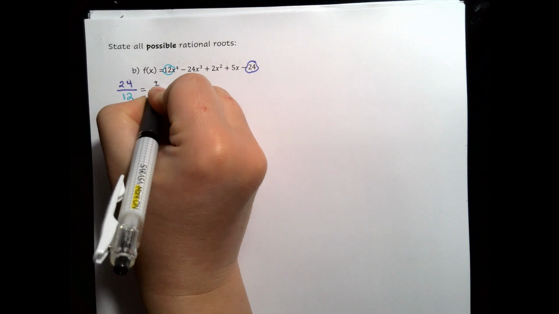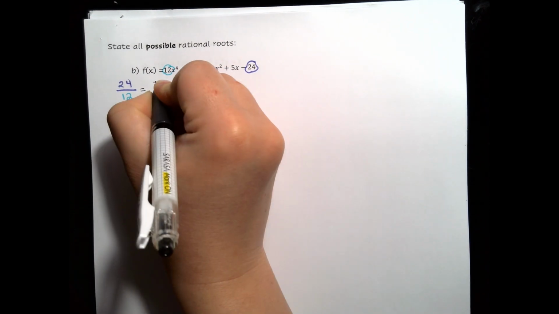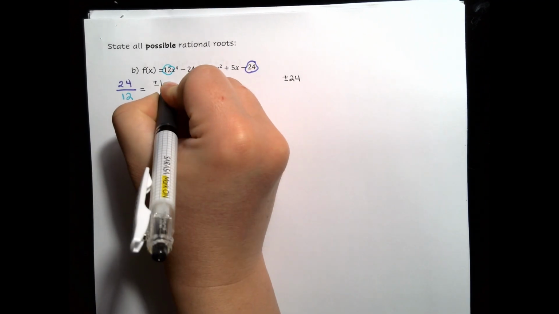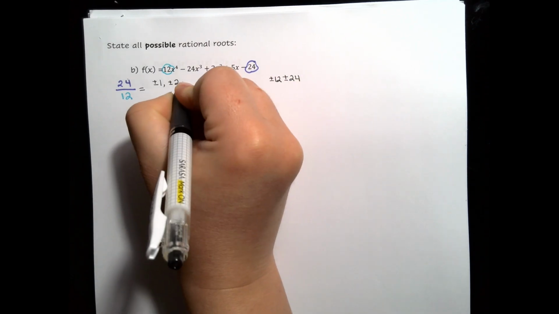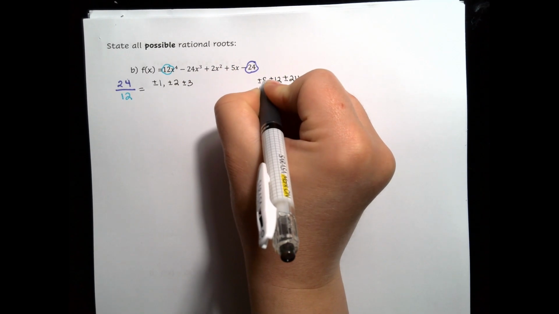Well, 1 times 24, and I'm again giving myself space, is 24. Then I have 2 times 12 is 24. Then I have 3 times 8 is 24.